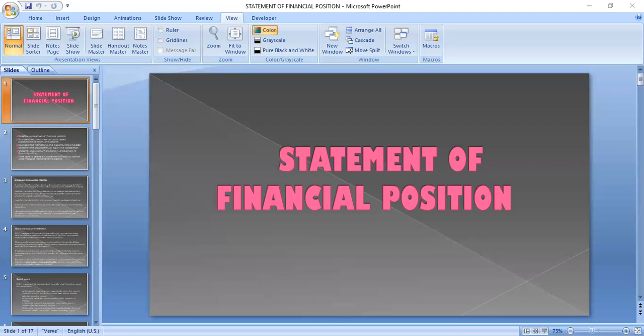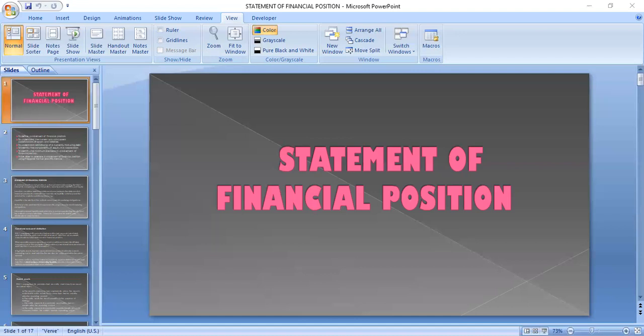Now, for the current and non-current distinction, the entity shall present current and non-current assets and current and non-current liabilities as separate classifications in the statement of financial position.